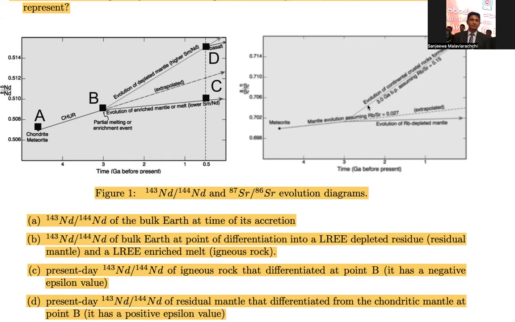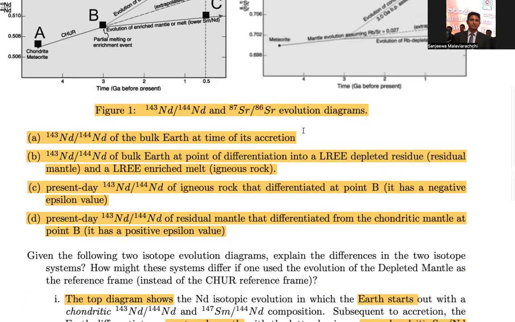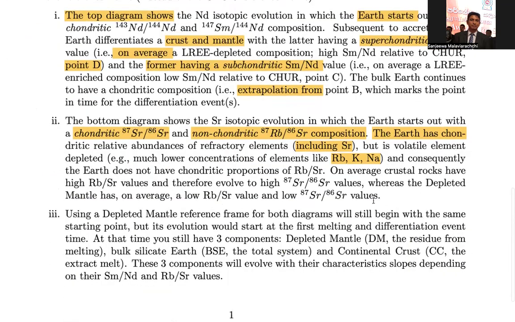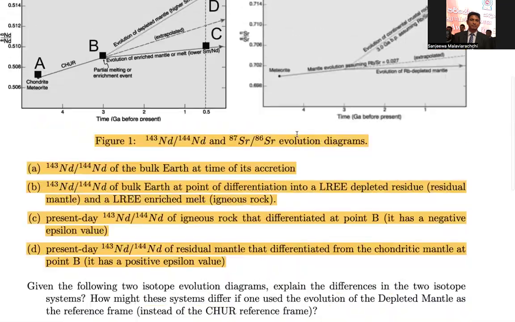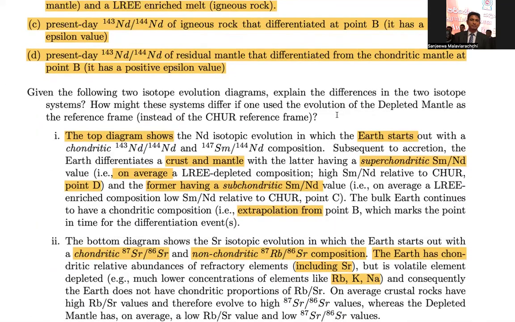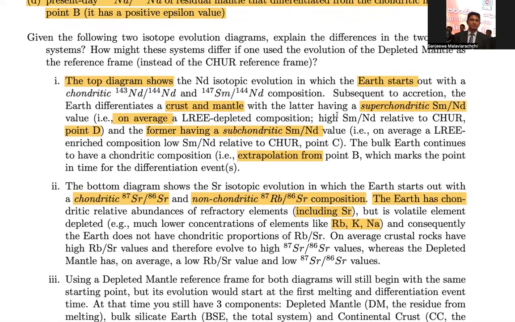Here also you need the parent daughter ratios to find the tan theta. But since rubidium is a highly volatile element, we don't know whether it really represents the chondritic abundance. That is a fact you have to know if you are not given it as a chondrite.